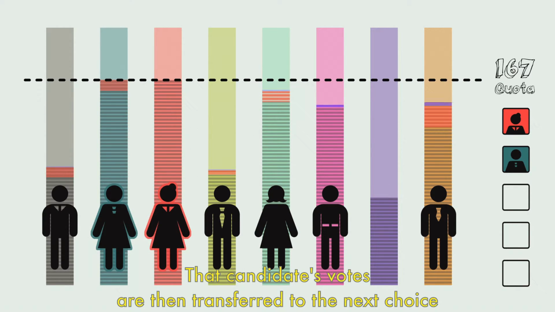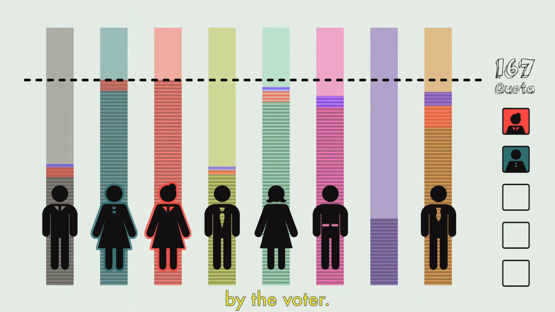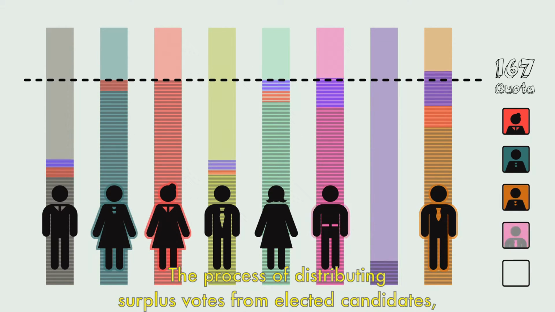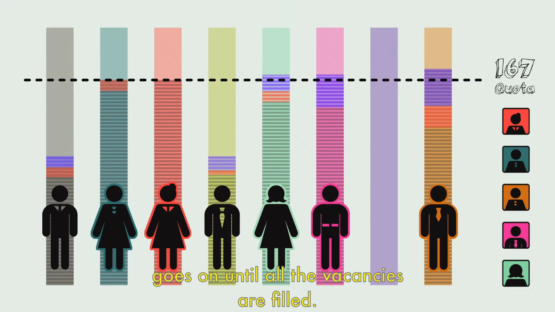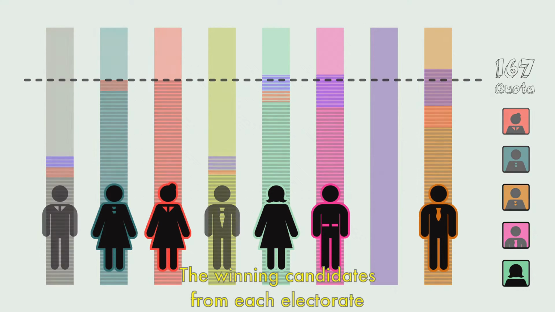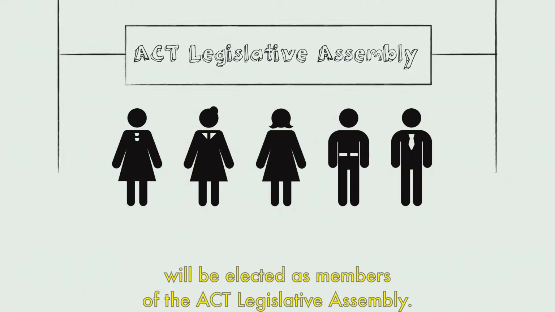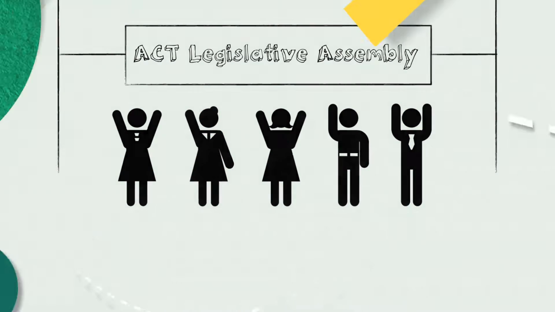That candidate's votes are then transferred to the next choice by the voter. The process of distributing surplus votes from elected candidates and excluding the candidate with the fewest votes goes on until all the vacancies are filled. The winning candidates from each electorate will be elected as members of the ACT Legislative Assembly.